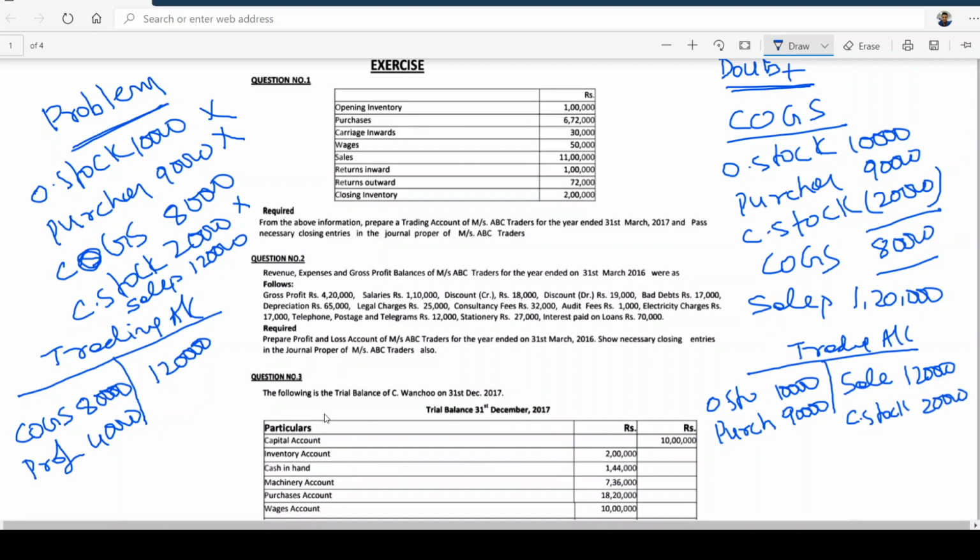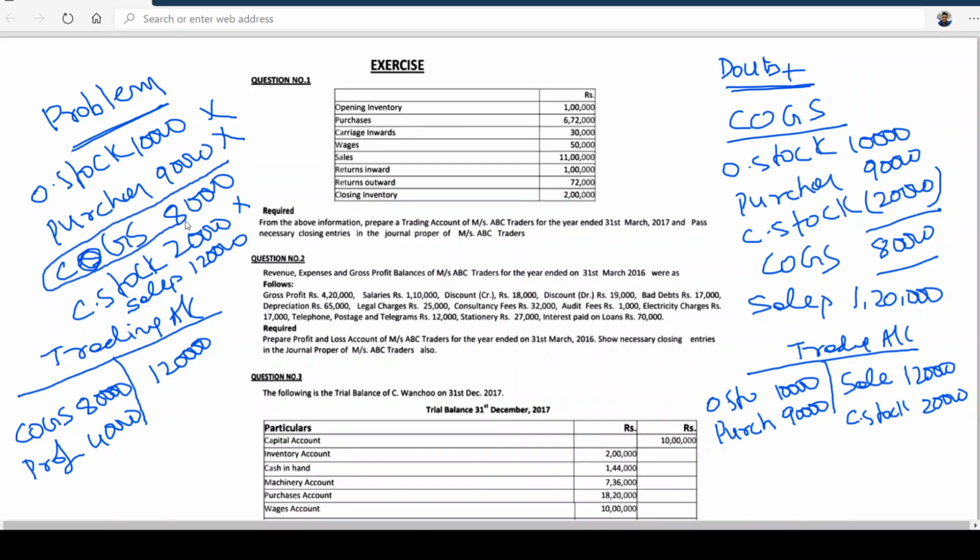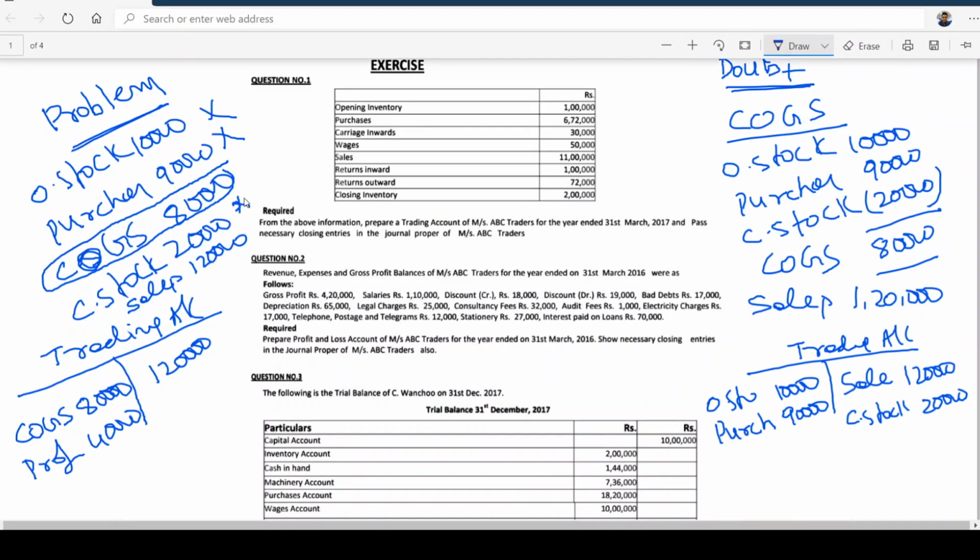Then don't take which one? Cost of goods. Since cost of goods sold is given, which is not to be taken, take opening stock plus purchases plus closing stock. Suppose if cost of goods sold is not given, then which is to be taken? Opening stock, purchases, closing stock and sales.